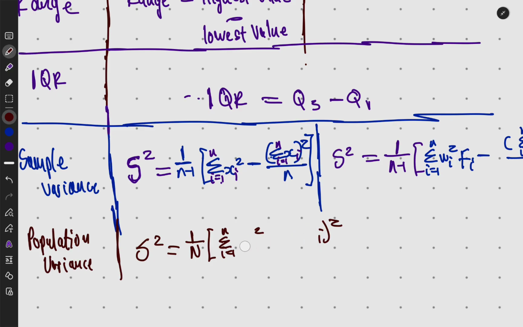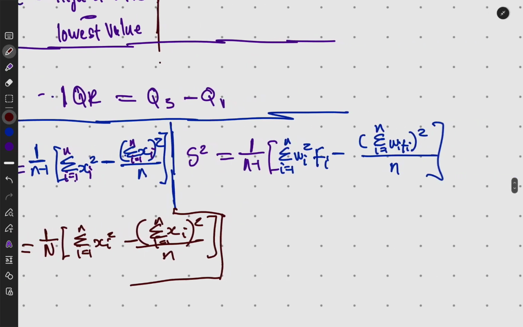You should do so much practice until you can do it. It's the summation of xi squared, but remember it's the summation of xi all squared, from 1 up to n, divided by n. This is the easiest thing ever.